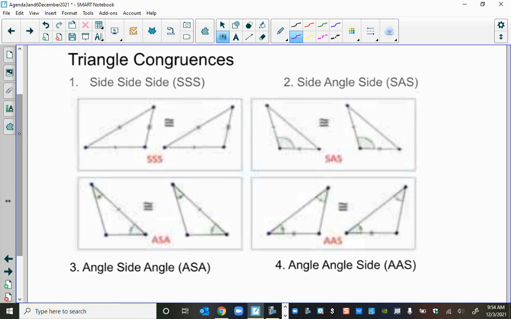Angle, side, angle: two angles are going to pair up from one triangle to the other with the side between the two angles. And then also you have angle, angle, side. It could also be side, angle, angle. I will take that too. I will accept it either way. Those are the four big ones.